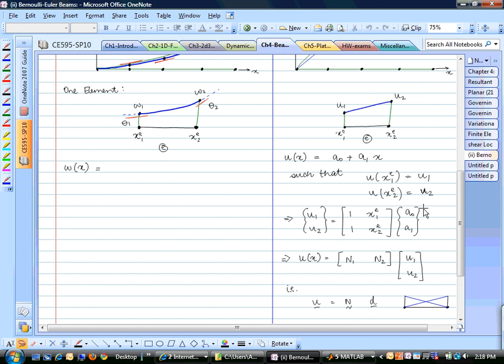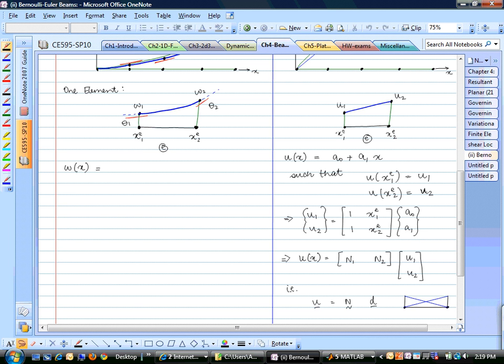So this is how we constructed the shape function for one-dimensional elements, and this is also something that you did for your triangular element. In the triangular element also we set up this type of an equation to find out what the shape functions were, right? In the triangular element you had 1 x1 y1, 1 x2 y2, 1 x3 y3. So the same type of thing we did for the one-dimensional element.